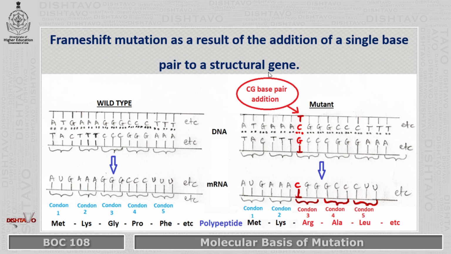But as a result of a CG base pair addition, there is a change in the reading frame from C onwards in this mRNA. So codon 3, instead of coding for glycine, codes for arginine. And then codon 4 is coding for proline in the wild type, but it codes for alanine in the mutant as a result of this frameshift mutation.